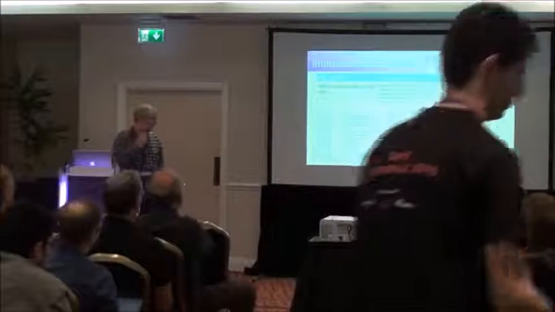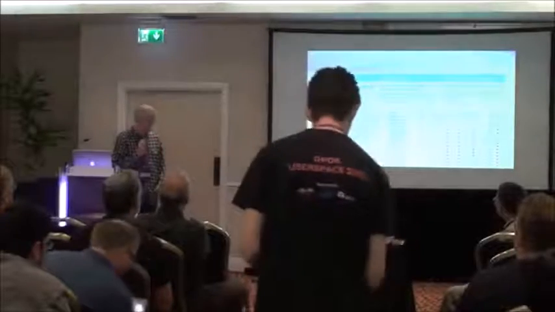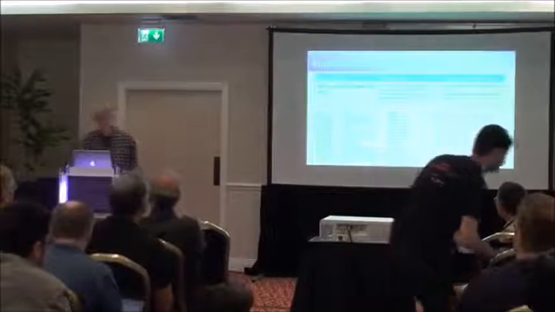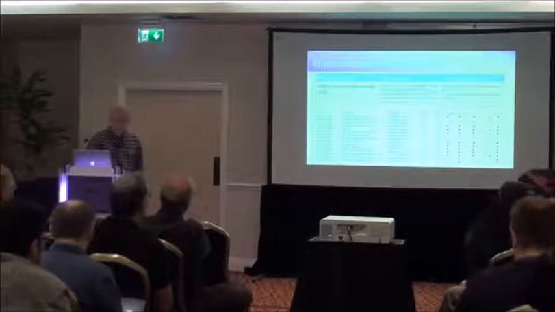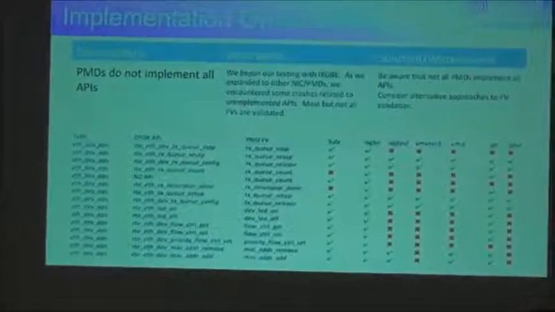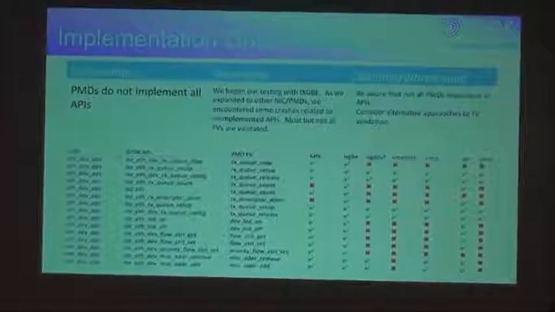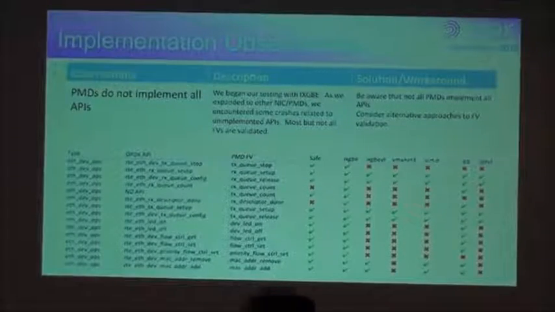I'm sure everybody probably already knows this too, but it was a discovery process for us. Initially we started off with IGB, and then we went to IXGBE, and then IXGBE VF as we were allowed to. One of the things we discovered was, all PMDs are not created equal.